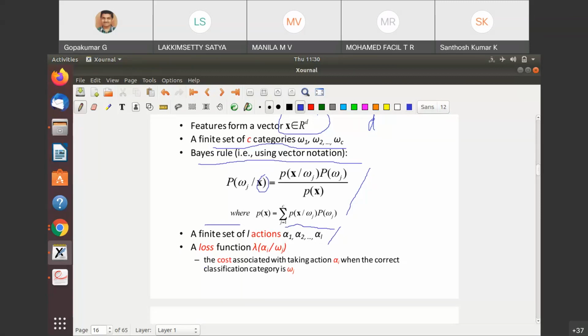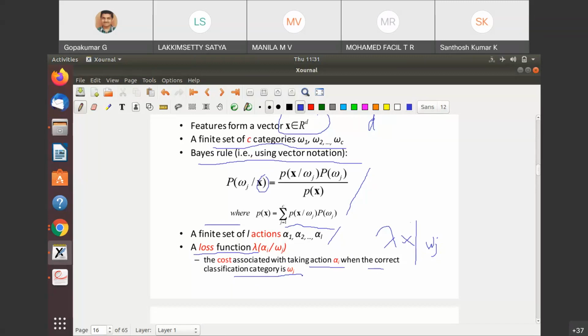Then we define a loss function, let us say lambda. The loss function is defined in such a way that, assume Wj is the real class or category, but we have taken an action alpha I. That is the cost associated with taking an action alpha I when the correct category is Wj. So that is a loss.